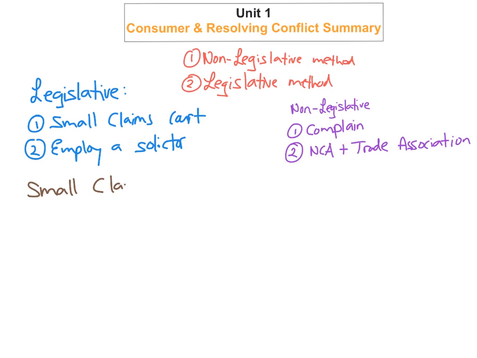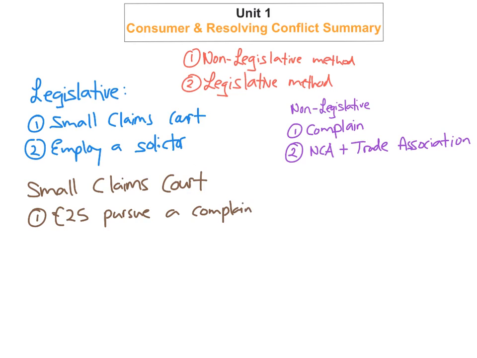So small claims court, we need to know and understand how that works. So basically, small claims court allows consumers to pursue a complaint quickly, easily, and at low cost. So it only costs €25 to pursue a complaint.